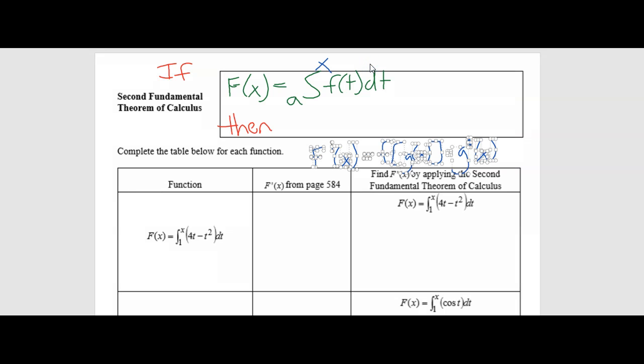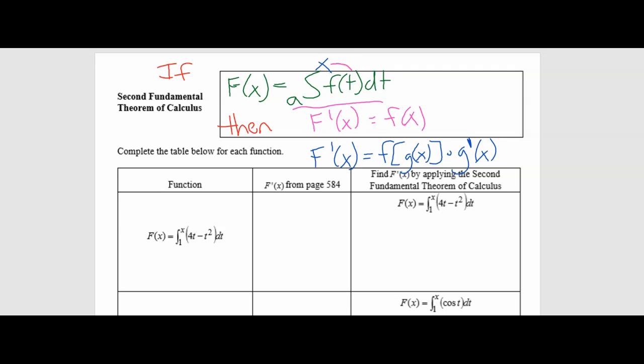So before, we said if we were given this, then F prime, talking about capital F of x, was just equal to f of x. Well, we were still doing the chain rule here, essentially, right?